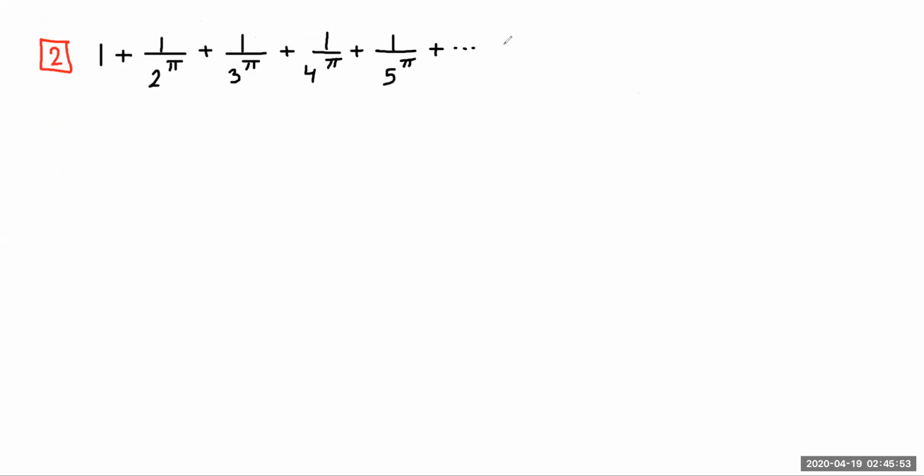In this exercise, 1 plus 1 over 2 power b, plus 1 over 3 power b, plus 1 over 4 power b. So it's the sum of 1 over n power b from 1 to infinity.